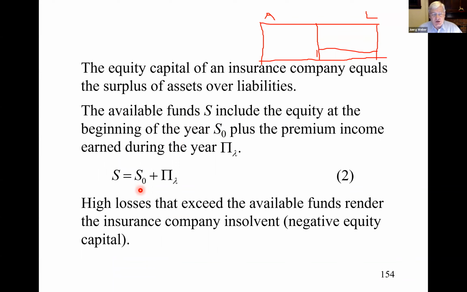So the initial equity capital plus the premium income is the amount of funds that the insurance company has during the year. And if the insurance company has to cover high losses during the year, if it faces high claims by its clients that exceed this amount of funds, then the insurance company is broke, then it's insolvent.